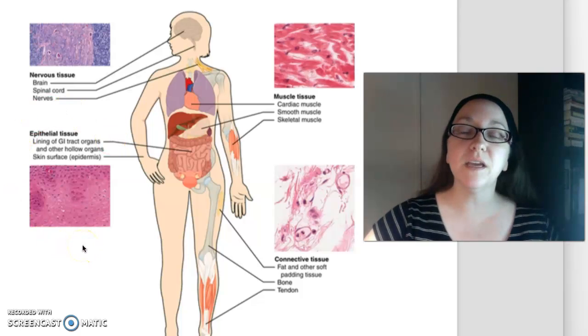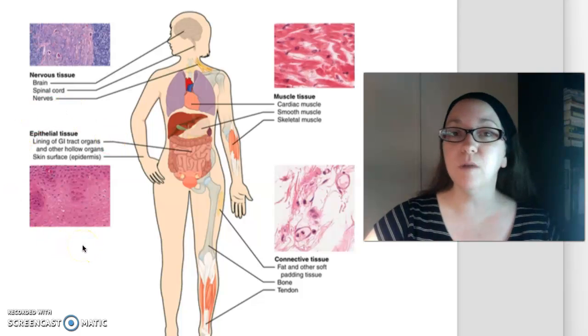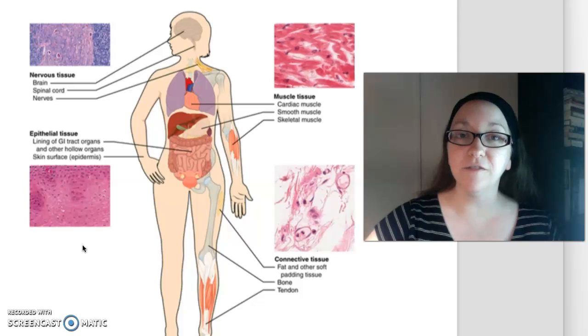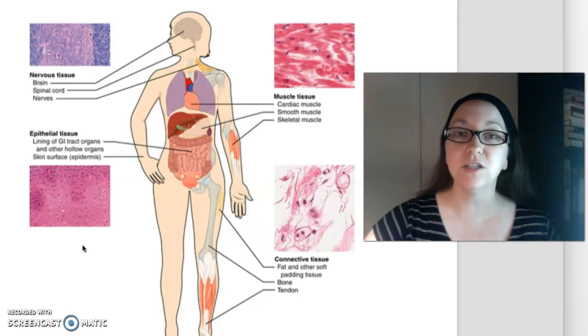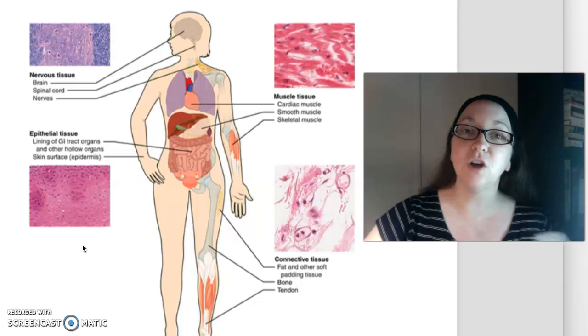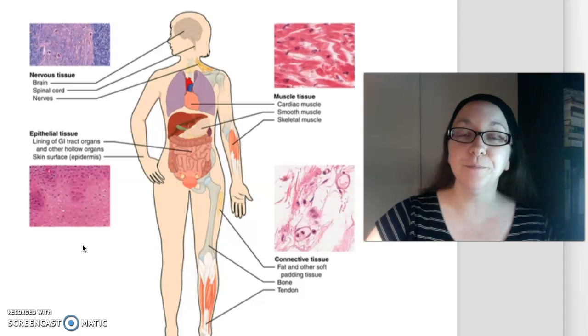So let's just start by thinking about the general functions of most epithelial tissues. Epithelial tissues primarily protect and cover our organs, our cavities, etc. So probably the number one example everyone thinks of is your epidermis, right? Your skin. So that's a solid covering to protect you.